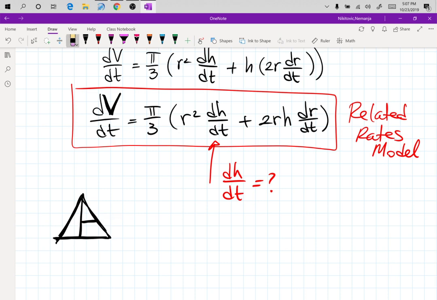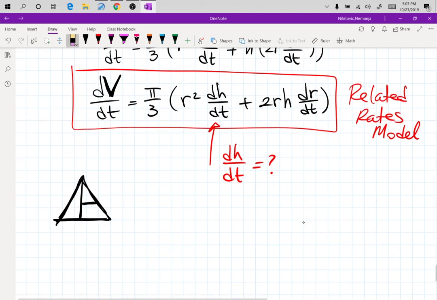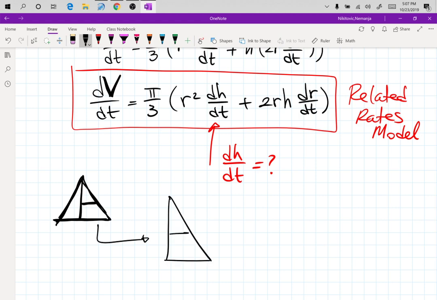Mathematically it's the same. So now you extract this triangle on the side, and you see that you can use similar triangles. So this is your changing radius r and your changing height h, and these are the capital R and capital H, which are the ones that you can always measure.